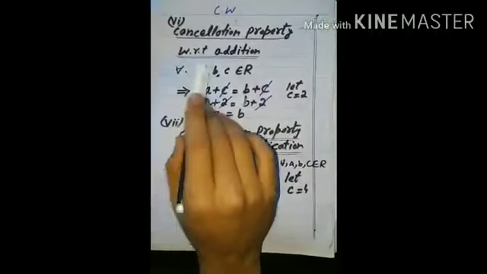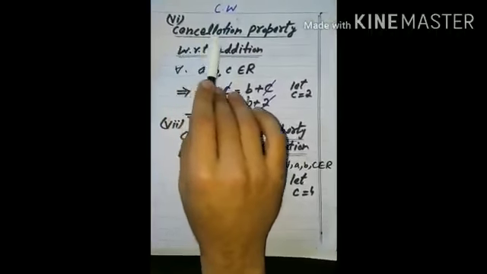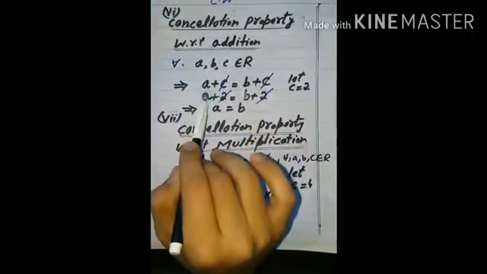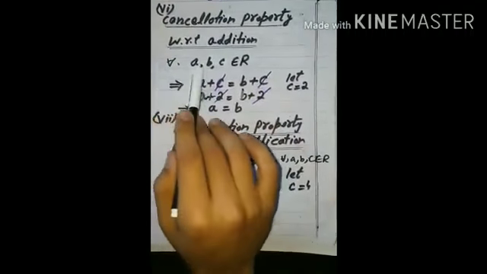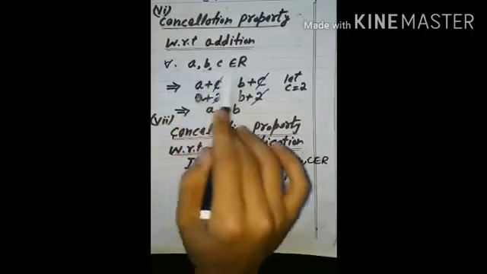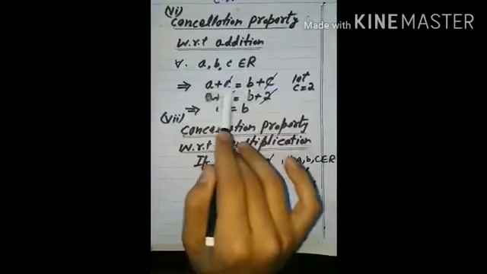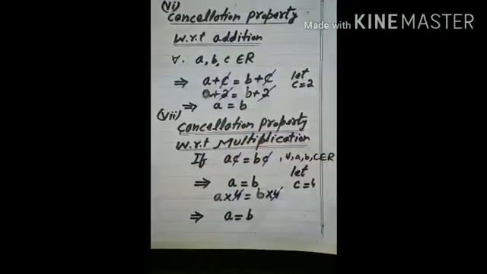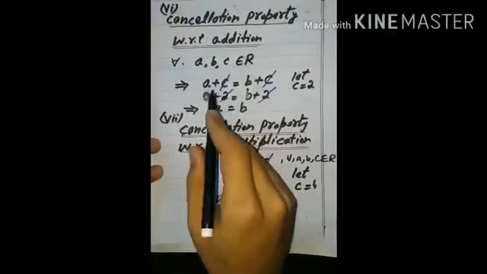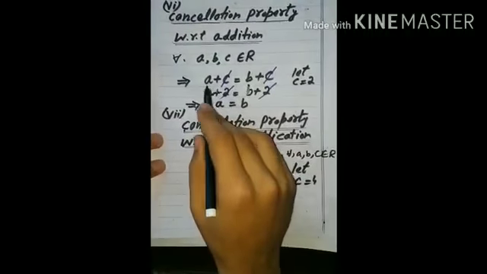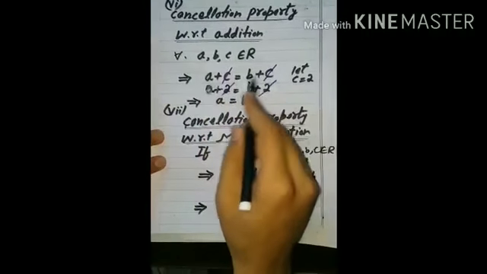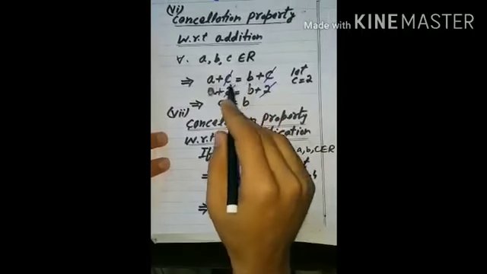Now the next property is the cancellation property with respect to addition. If you look at this word, it means we have to cancel something in this property. For all a, b, c belonging to R, where a, b, c are any three real numbers, if a plus c is equal to b plus c, this is given like we have the equation a plus c equals b plus c. These two expressions are equal.